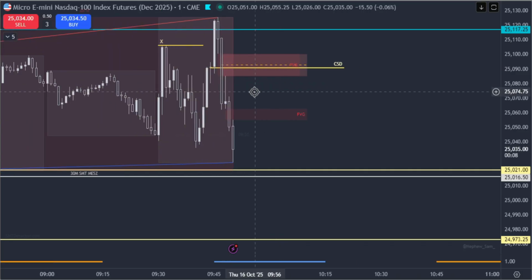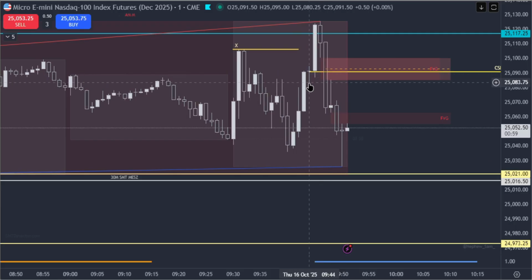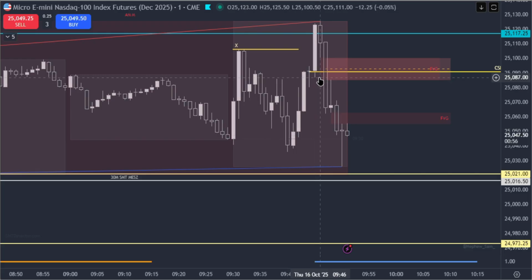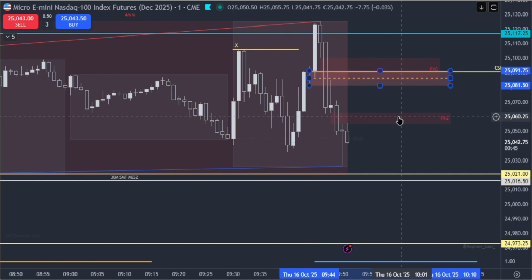But as you can see, let's zoom in. You see this wick, how it comes back up, it rebalances into this wick here. That's why I said whenever you identify if you go in a buy or sell program, you don't need the perfect entry model.